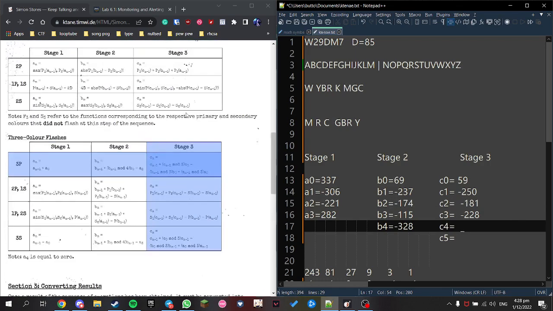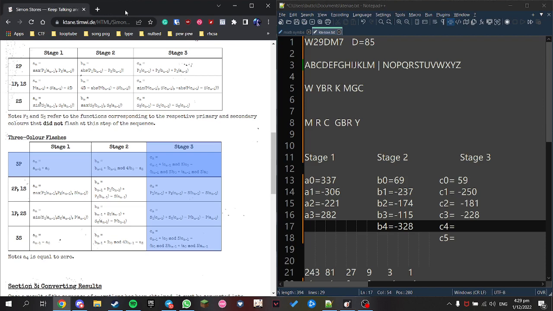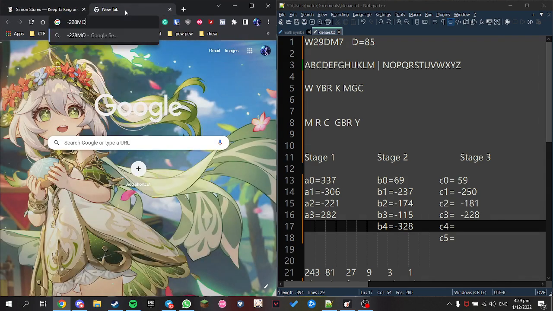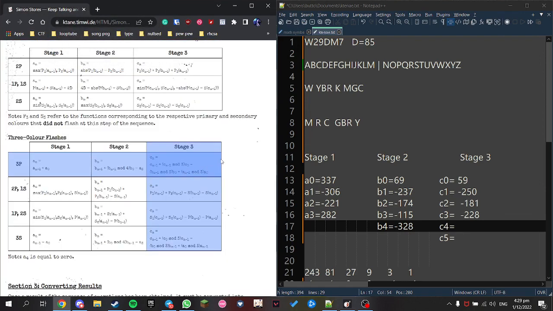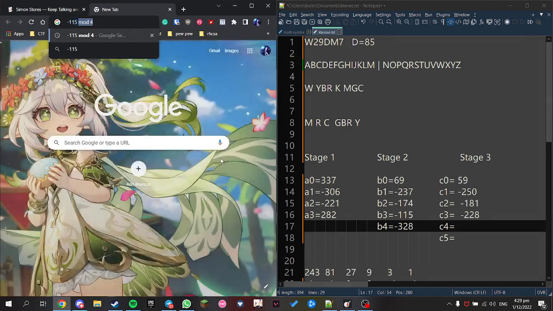Okay, so next one is this one. So it's basically negative 228 plus negative 228 modulo 3. Negative 228 modulo 3, that's 0. Okay, so that's nothing. Minus bn minus 1. So that's negative 115 modulo 3.